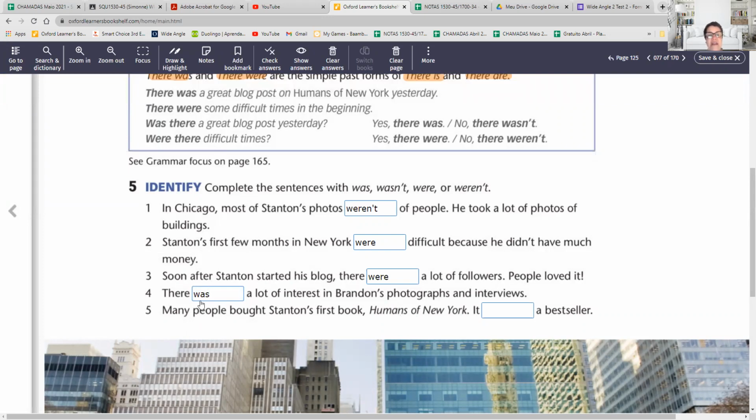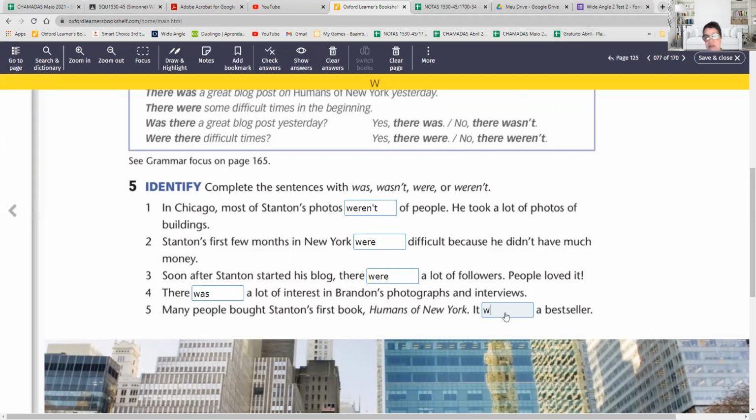There was a lot of interest in Brandon's photographs and interviews. Number 5. Many people bought Stanton's first book, Humans of New York. So it's a bestseller. Yes, very good. It was a bestseller.